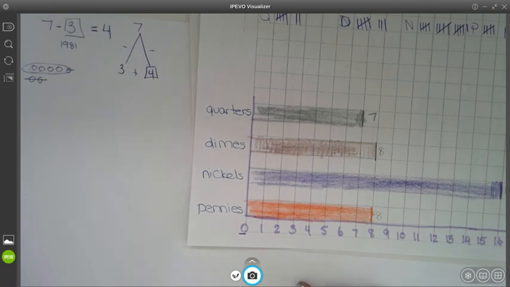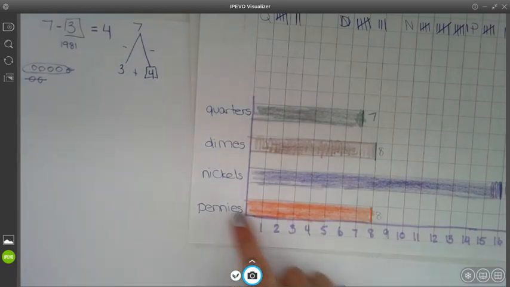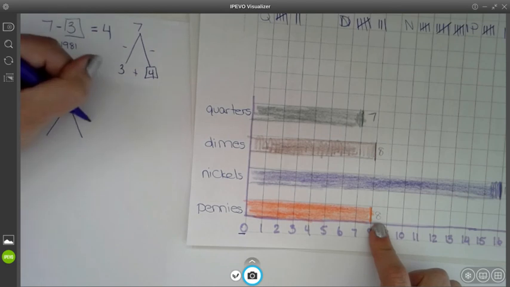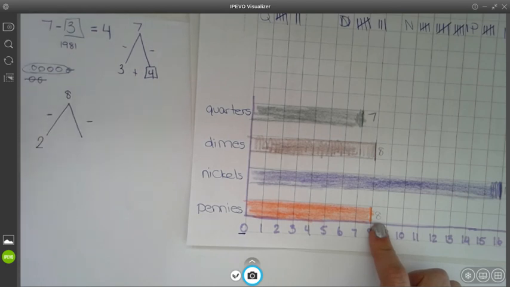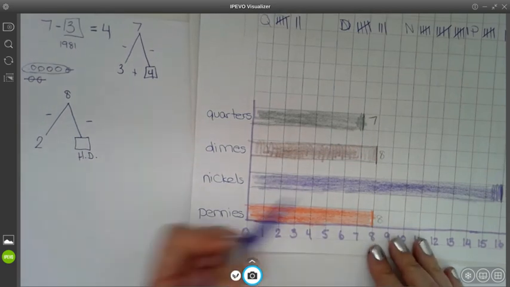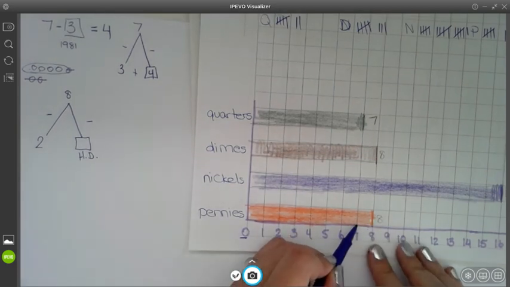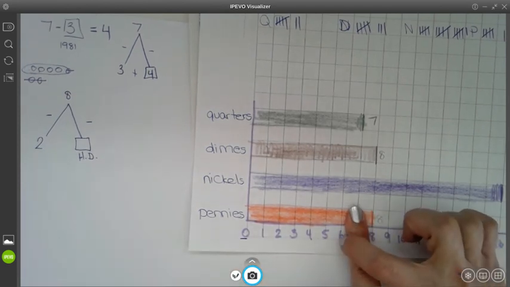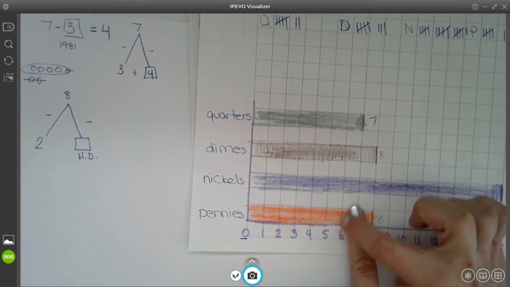How many half dollars do I have? Half dollars isn't on here, so how am I going to find out that information? Do I know how many pennies I have? Yes. I have 8 pennies, and I have 2 more pennies than half dollars. I can look at my graph and take 2 away. 1, 2. If I had 2 fewer half dollars than pennies, then how many half dollars would I have? I'd have 6.